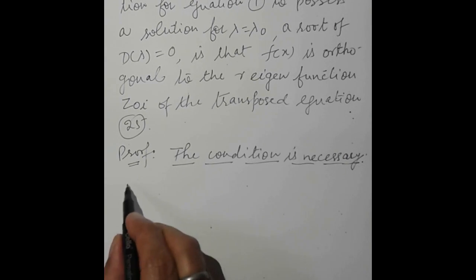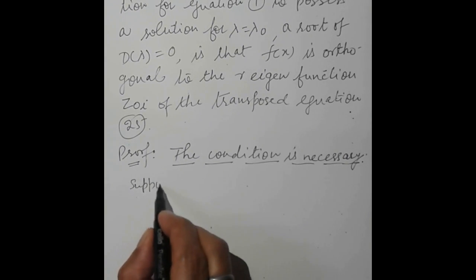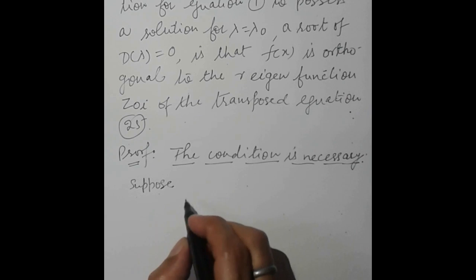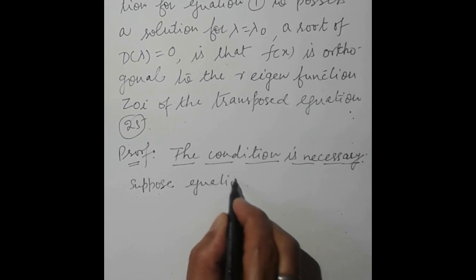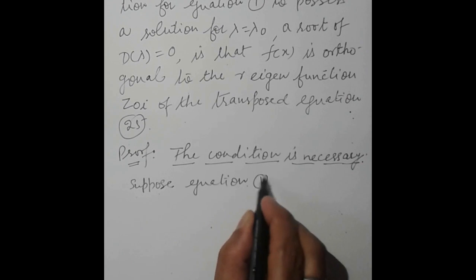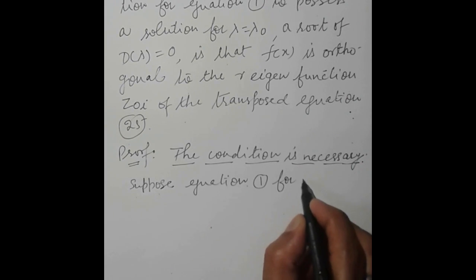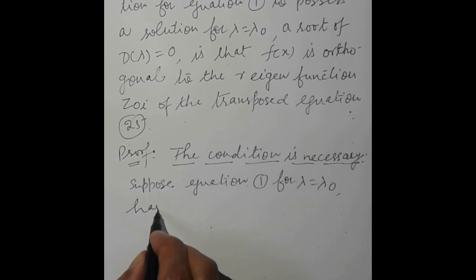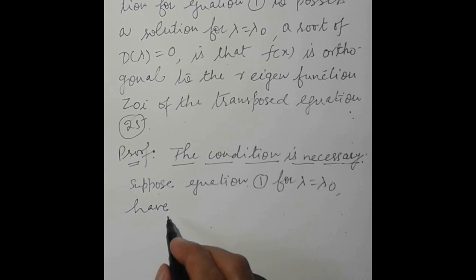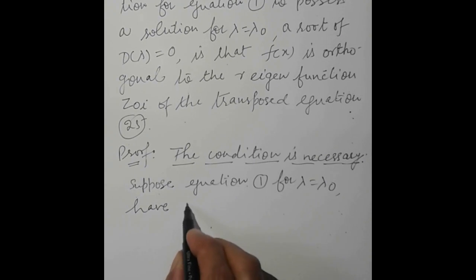Suppose equation 1 for lambda equal to lambda naught has a certain solution y(x).